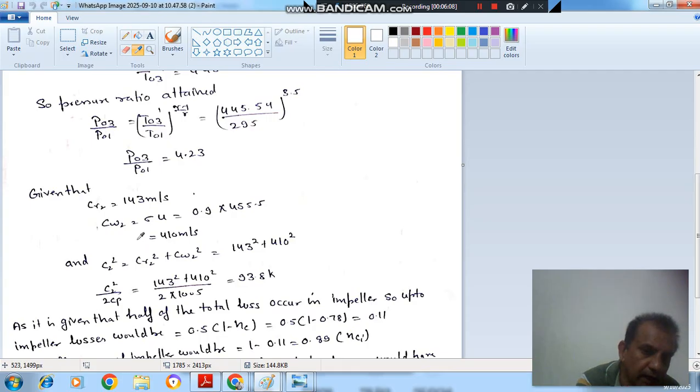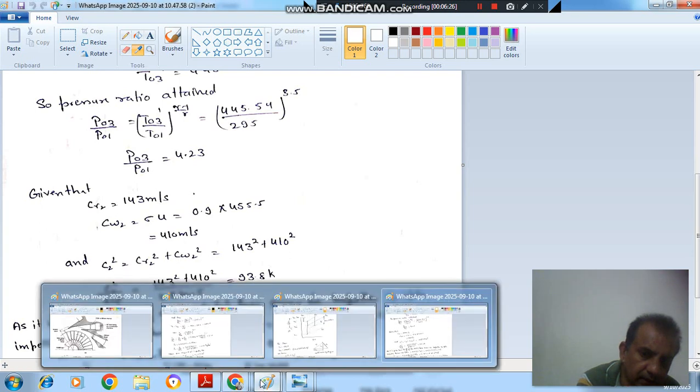Okay. And we have this T03, and T03 is equal to T02. Okay, we have calculated the stagnation temperature T03, and now we will calculate this C2 square by 2CP, that will come out as 93.8.